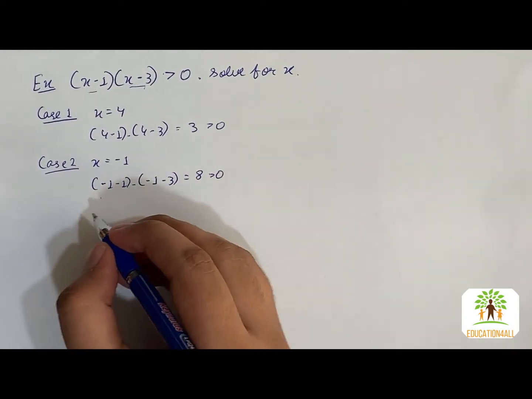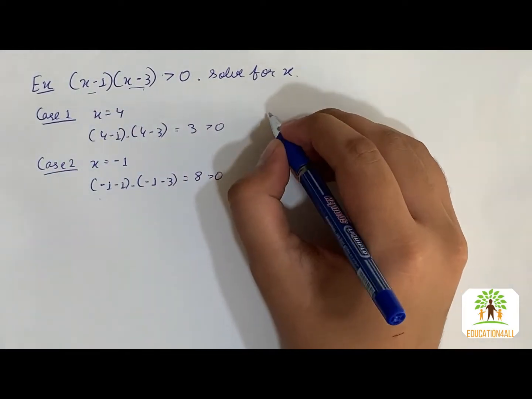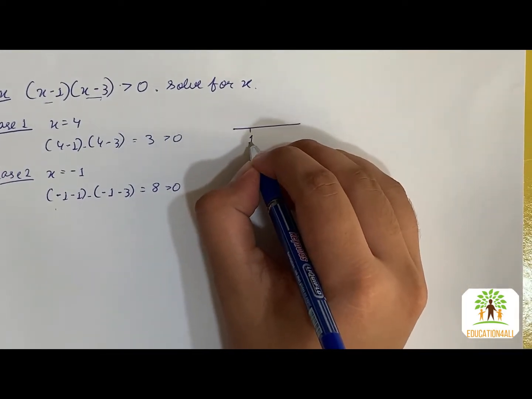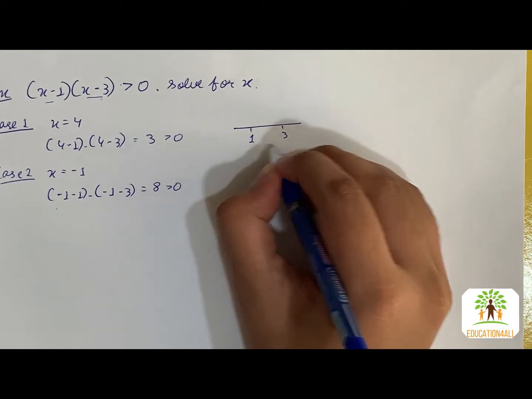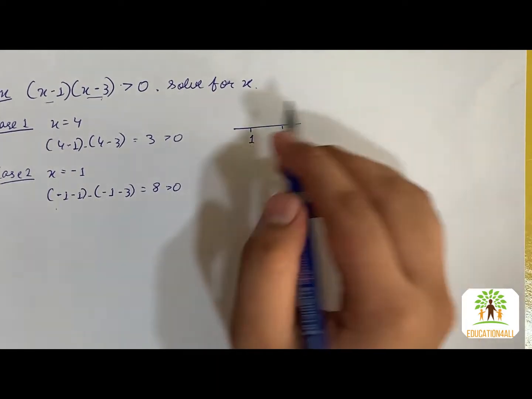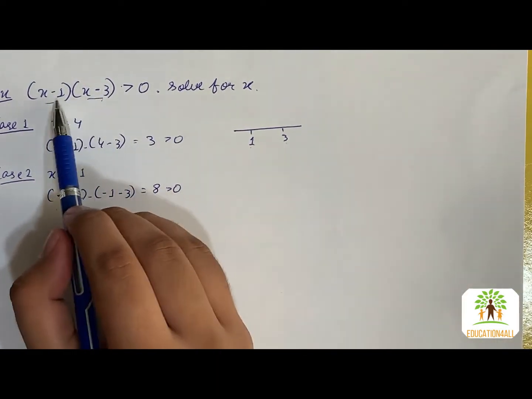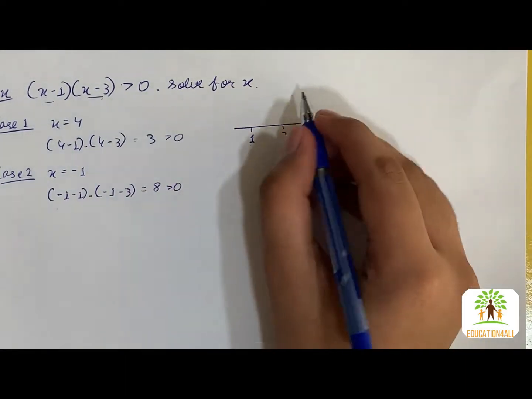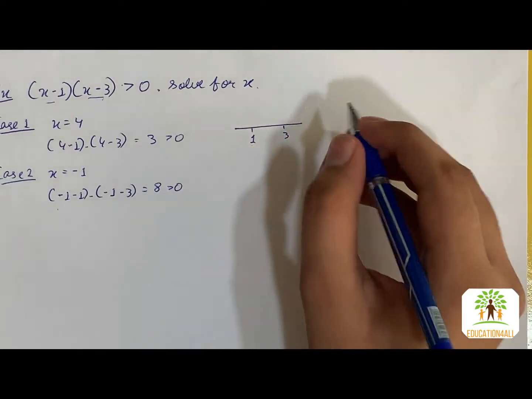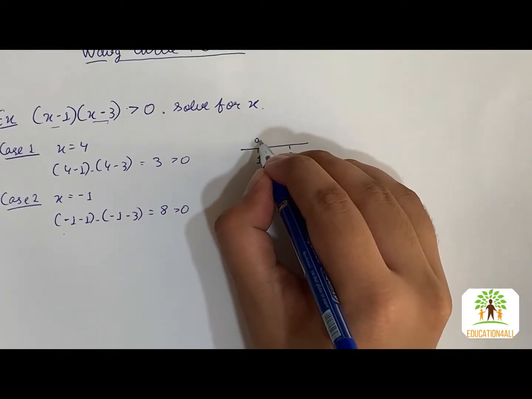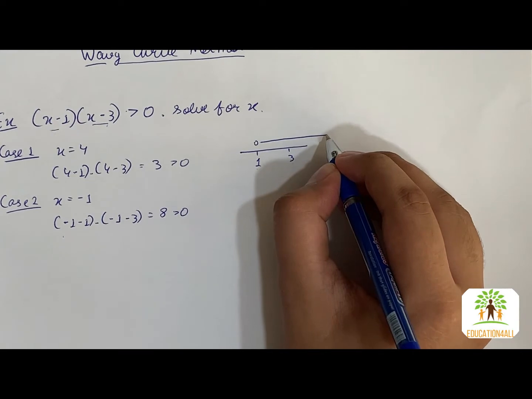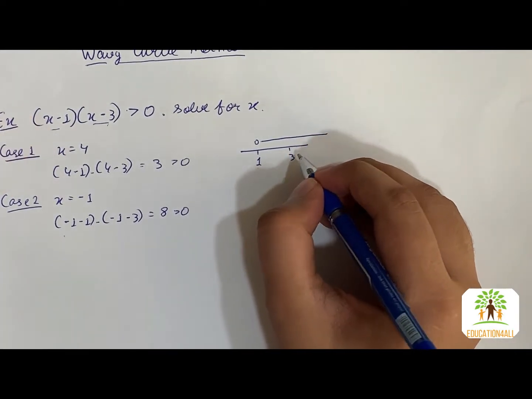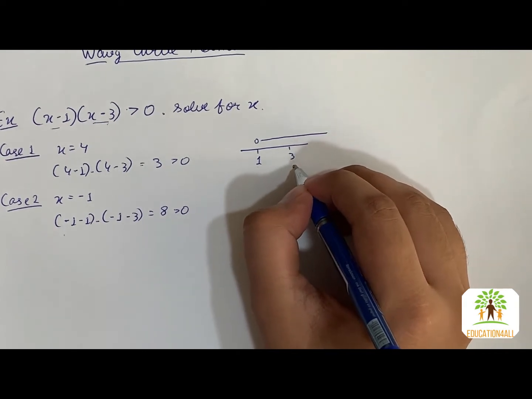Now we plot this on a number line for case 1. First number line, 1 and 3. These two are known as the critical points because these will be the two possible solutions of x if we put an equals sign instead of a greater than sign. Now we have taken that x is greater than 1, so we can mark this region as x greater than 1, and x is also greater than 3, so we can mark this region as x greater than 3.